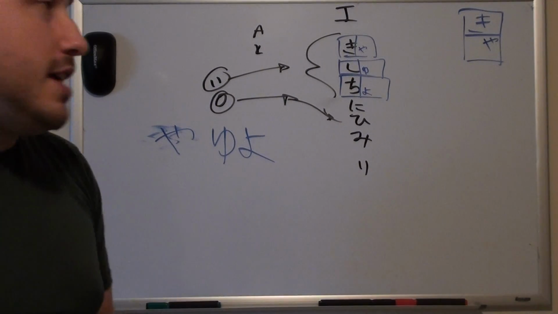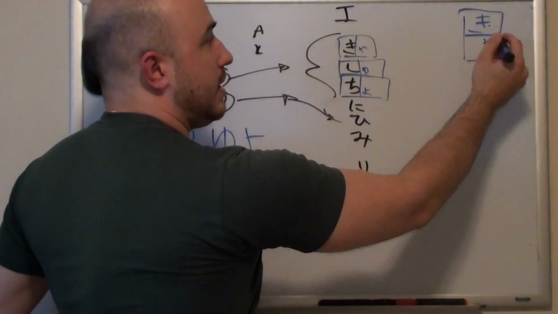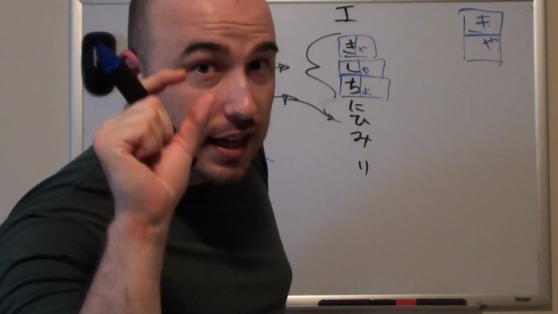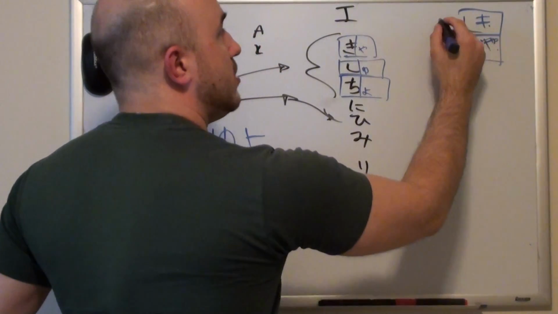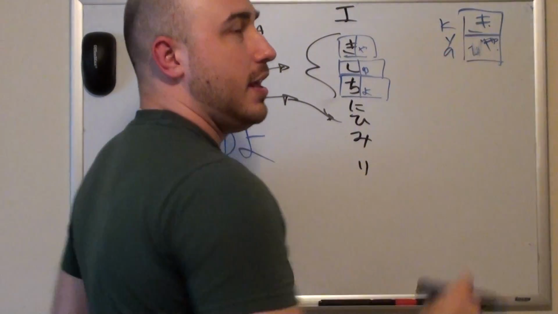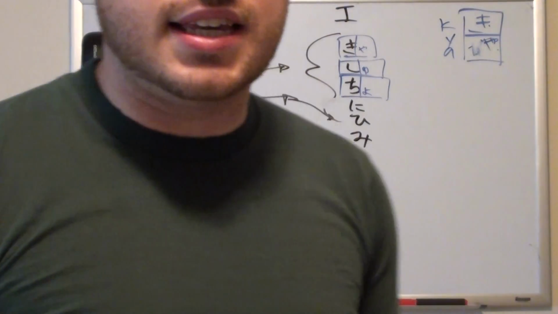These change the pronunciations. For example, ki with a small ya, a full ya would be much bigger, but with a small ya, it would change the pronunciation to kya. Not ki-ya, but kya.